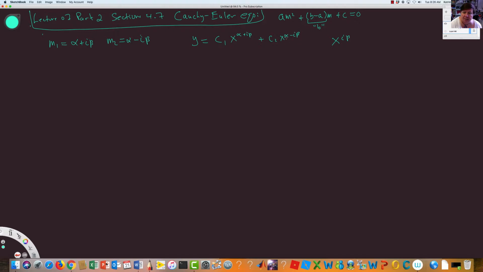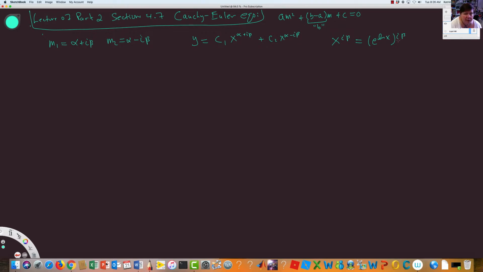Because this is x to the alpha times x to the minus i beta, or x to the alpha times x to the plus i beta, right? So if you just have x to the i beta, I can write that, and this is a cool trick, as e to the ln of x to the i beta.